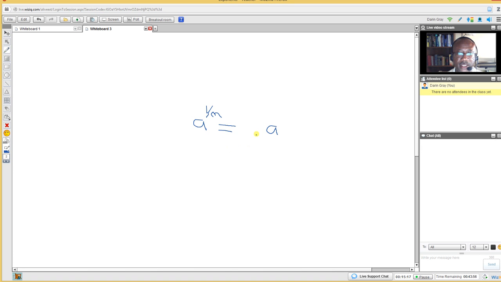This is equal to the mth root of a. And you're probably saying, what? Well, let's make it even more interesting. Let's say I've got a to the m over n. That's going to be the nth root of a to the m.